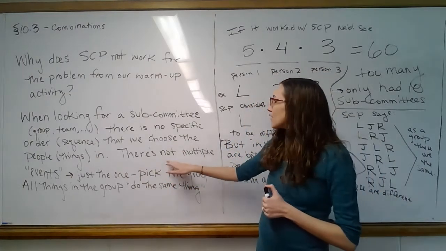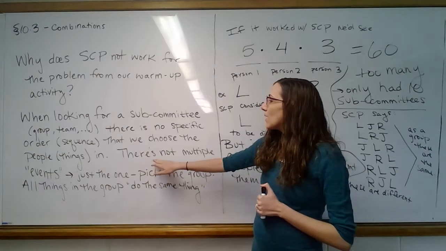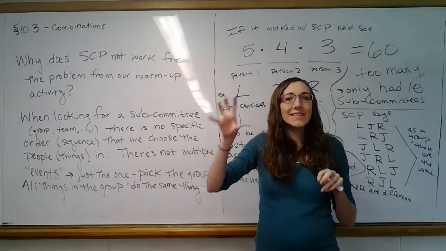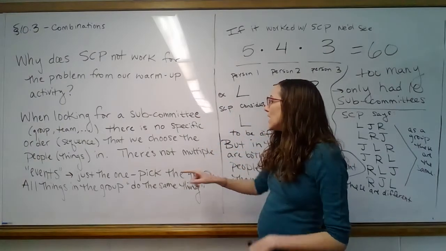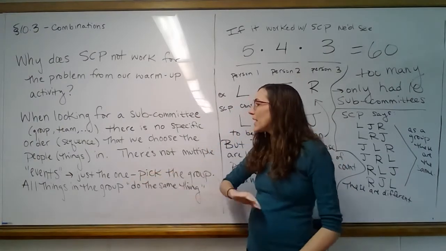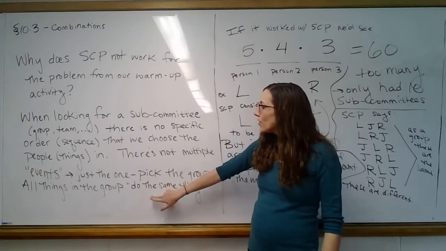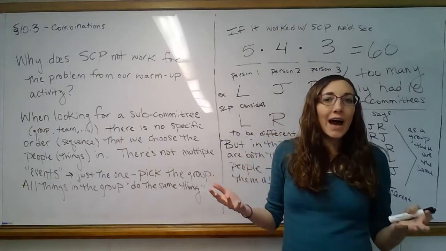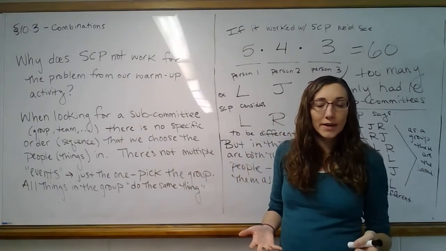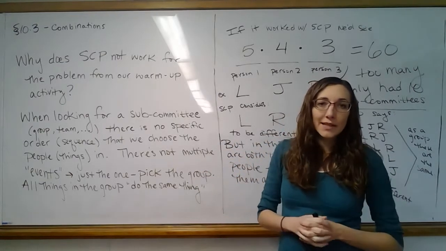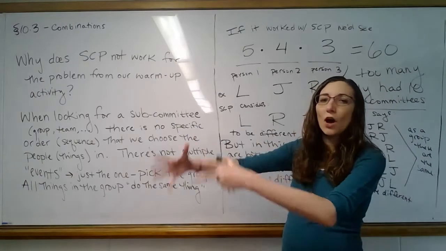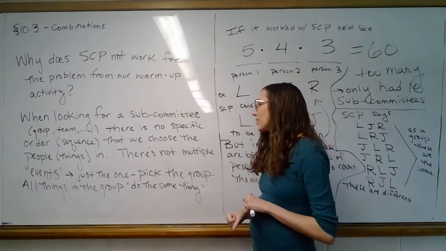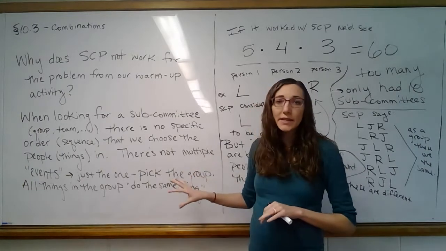Whereas here we really don't have multiple events. We don't have distinctions between the different people. It's just one event: pick the whole group. All the people in the group do the same thing. They're not distinguished from one another. It just matters that they're in the group together. So we're just picking a whole group all at once from the larger group of things. That's the big thing to take away.